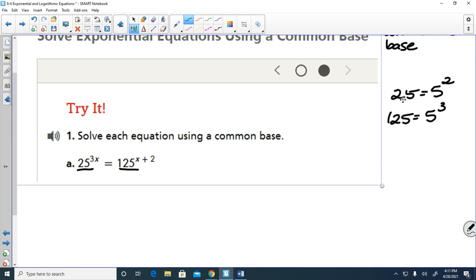So I'm going to replace the 25 with 5 squared, bring down that 3x, and replace the 125 with 5 cubed. And so now my equations have the same base.